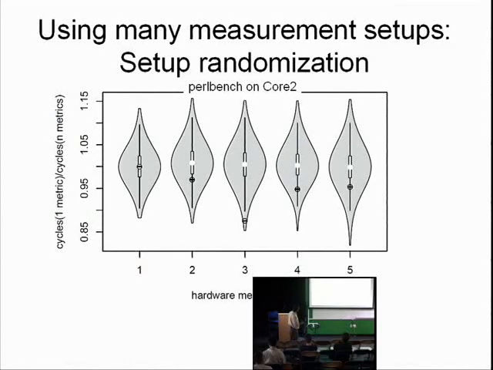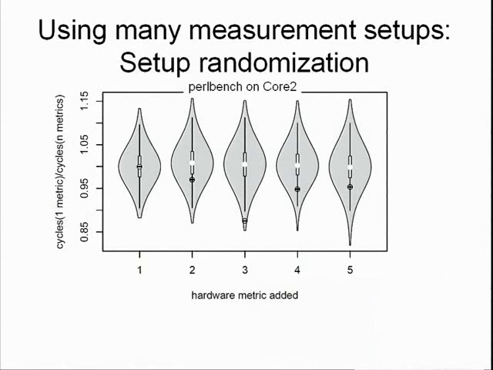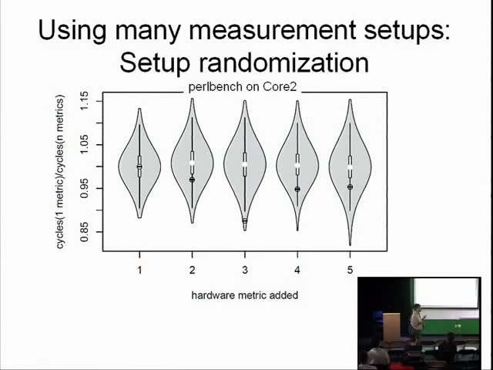And the interesting thing is that if we compare these distributions, they're nearly identical, even though the individual points are quite far apart from each other. So here, these 2 points are like 12 or 13% apart. And so by looking at these distributions, we can conclude that it's unlikely that the hardware data collection is actually affecting performance. It was just an outcome of the observer effect or measurement bias.